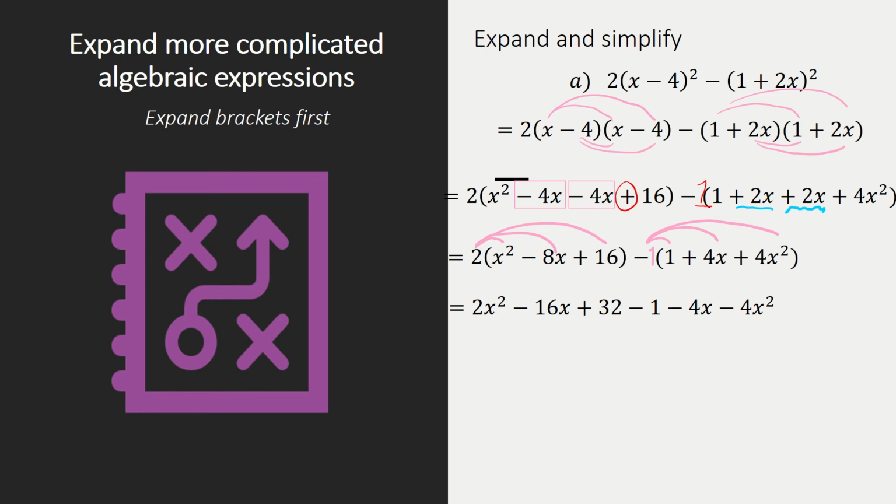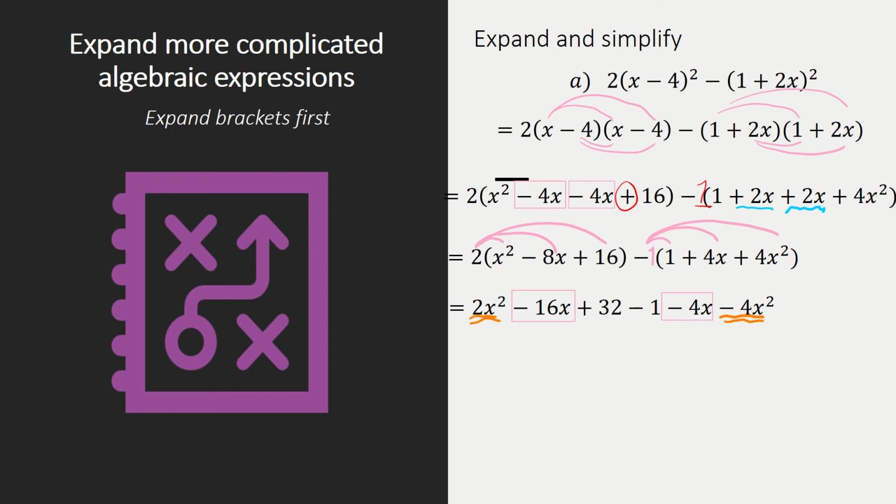Now our brackets are gone. We get 2x squared minus 16x plus 32 minus 1 minus 4x minus 4x squared. Make your life easier by highlighting the like terms. So 2x squared is a like term with minus 4x squared, since the letter, the x, and the power, the 2, so the squared, are the same.